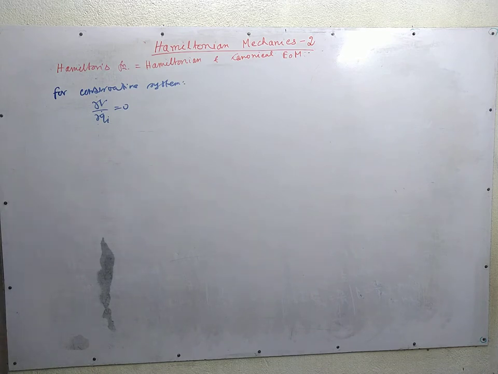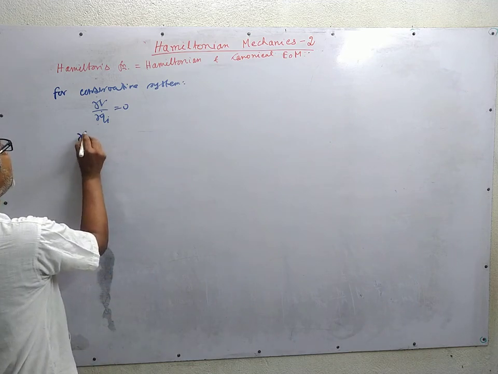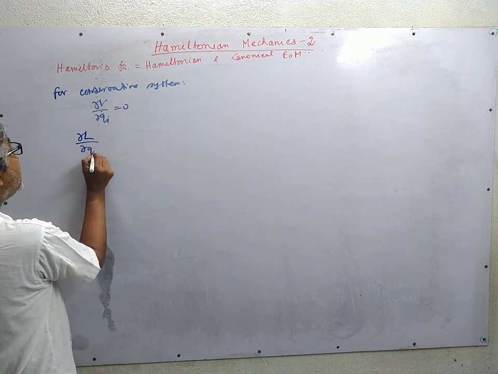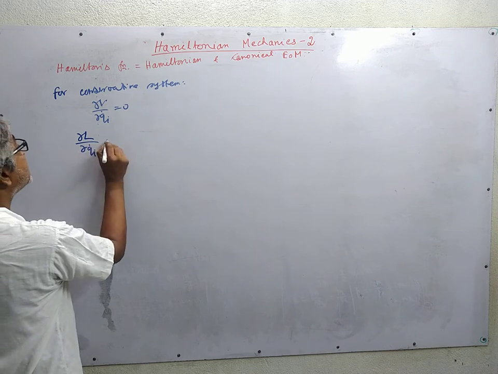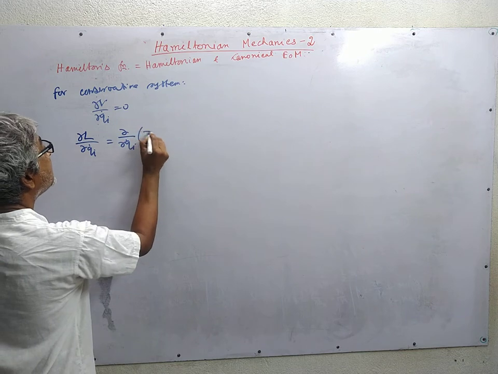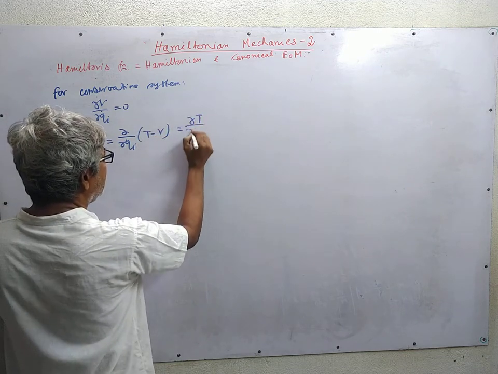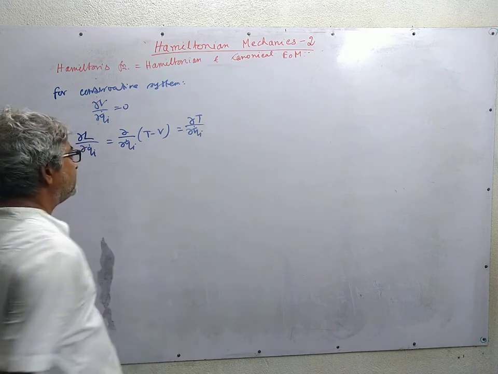So we can write del L del Qi dot as del (T minus V) del Qi dot, which is equal to del T del Qi dot.